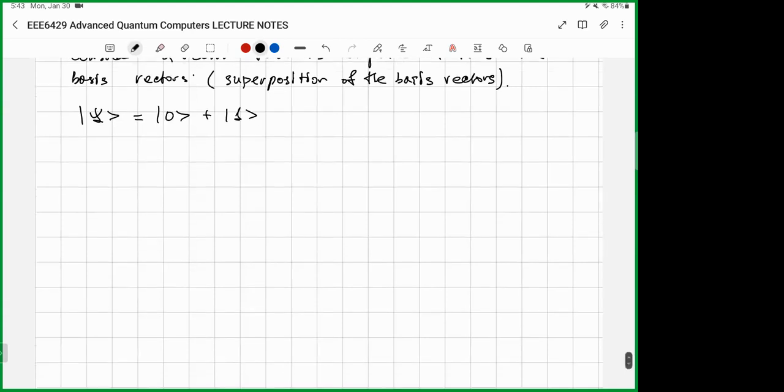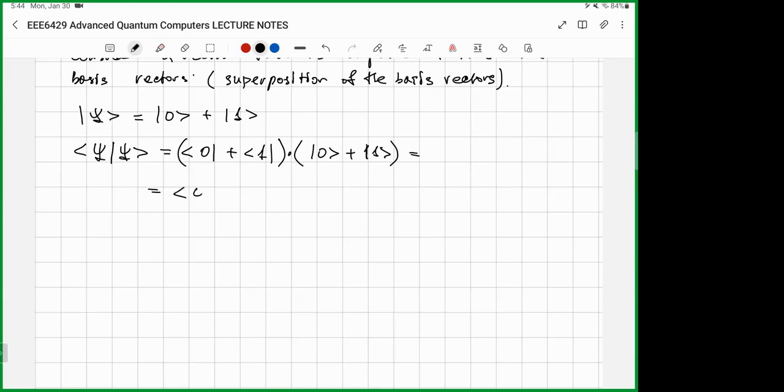So now I check the normalization of this vector. I write this inner product and get what? I get 0 plus 1 times 0 plus 1.